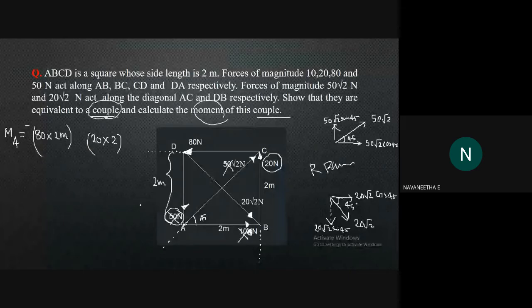Consider the beam AB, apply this force 20 Newton and rotate it by fixing the point A. What is the direction of rotation? Clockwise or anti-clockwise? Anti-clockwise. So it is negative.